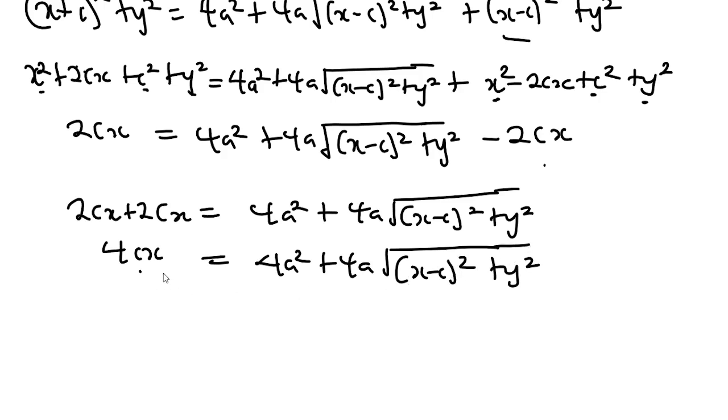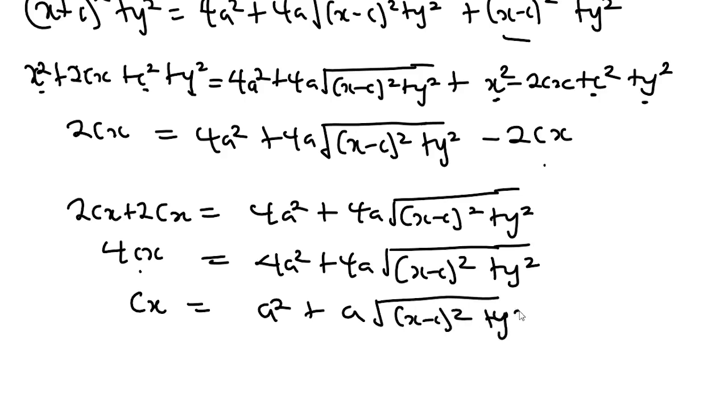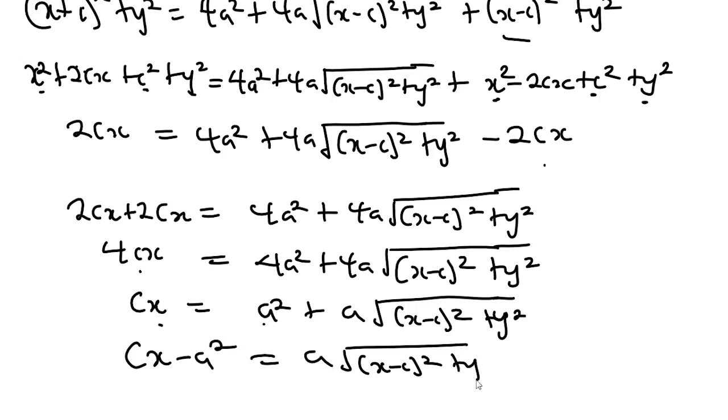Now we can decide to divide through by what? 4, and it's going to give us what? Cx being equal to a squared plus a root of x minus c squared plus y squared. Now we still have, let's bring this one to the side. So we have cx minus a squared being equal to a root of x minus c squared plus y squared.